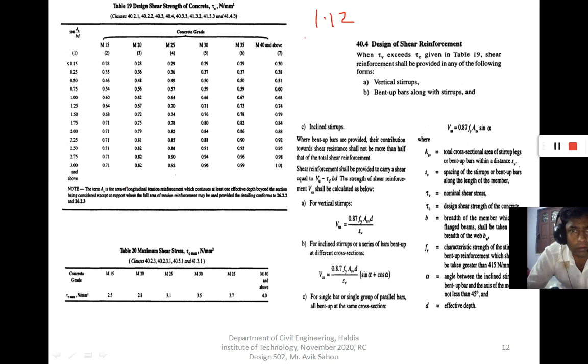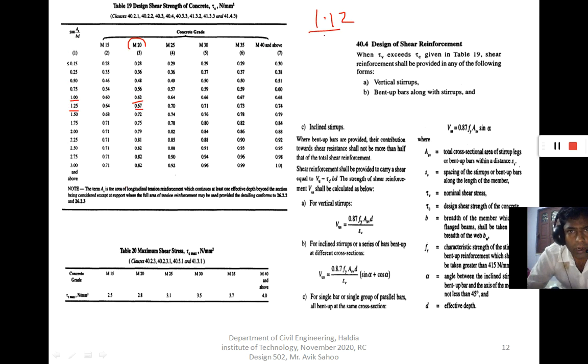So this 1.12 is between 1 and 1.25, and the grade of concrete is M20. For an intermediate value, linear interpolation is made.